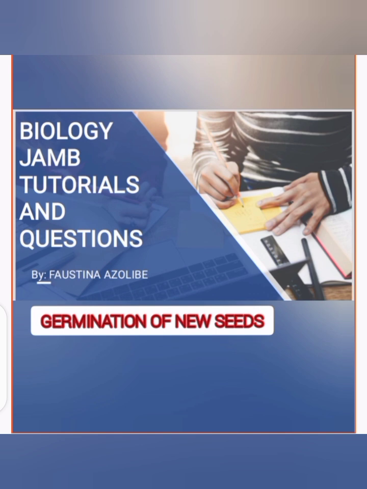Then, optimal conditions. It's important to research and find out the conditions that are specific for each seed type. Very, very important. I remember giving students a project to cultivate a bean seedling and a corn, and after some days they came back and said that it refused to germinate.